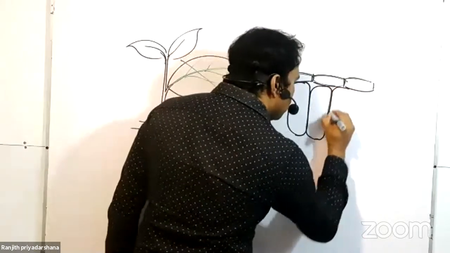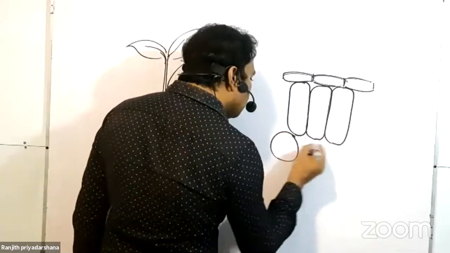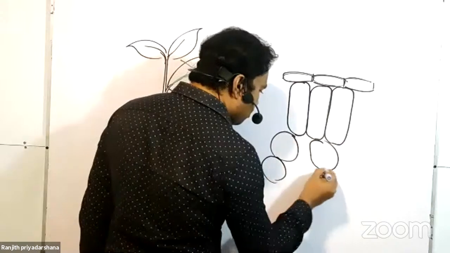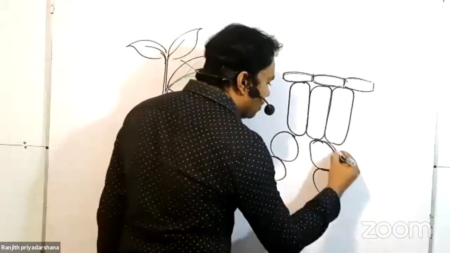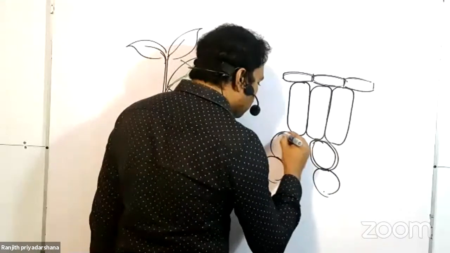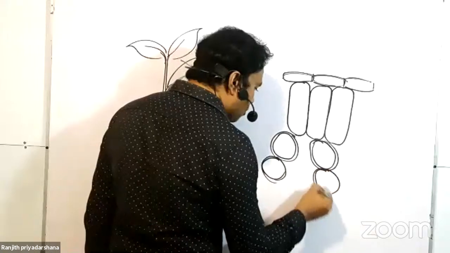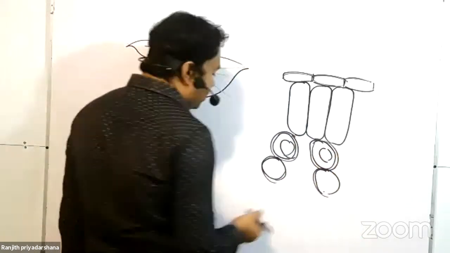Then there are the spongy mesophyll cells, with a large central vacuole as a characteristic feature.